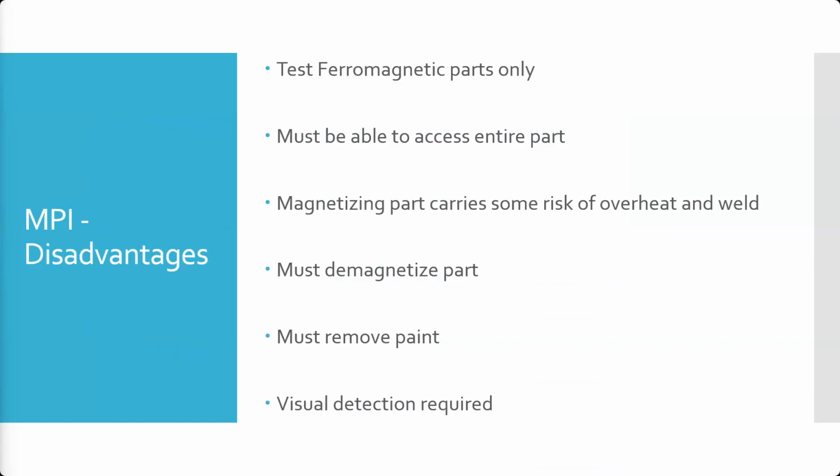Disadvantages, however. Magnetic particle means that our part has to be ferromagnetic, right? It has to contain iron. And it has to have the ability to become magnetized or at least to be temporarily magnetized. There are cases where you can use magnetic particle inspection on stainless steel parts.